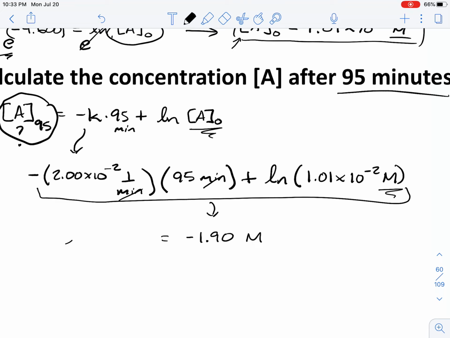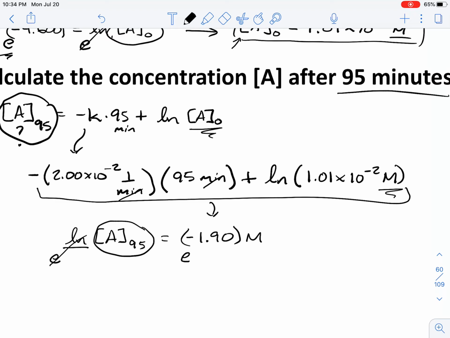And that's going to equal the natural log of the concentration of A after 95 minutes has passed. And so to solve for this term, I'm going to perform the opposite function of the natural log, which is the anti-natural log. So I'm going to e both sides of the equation. And so in your calculator, you're going to press second ln and then type in negative 1.90.